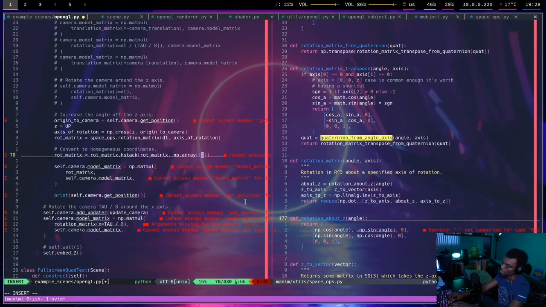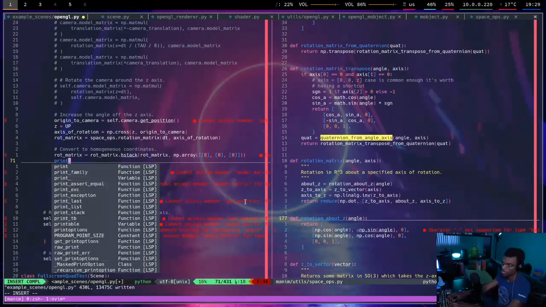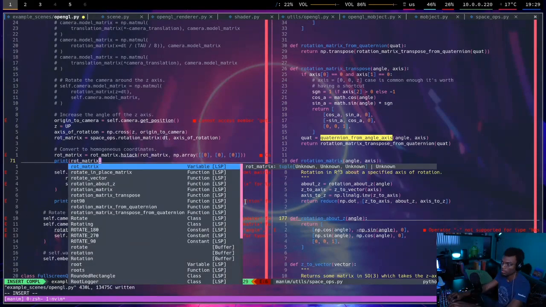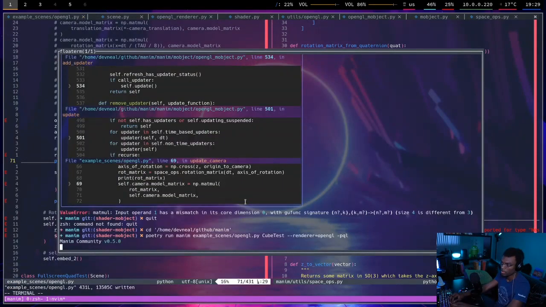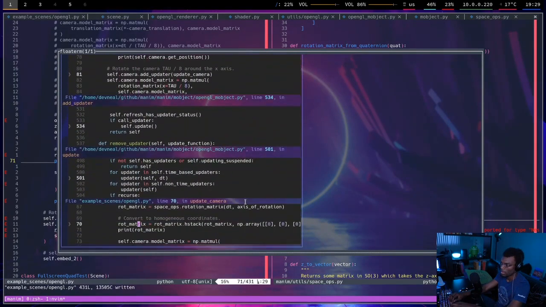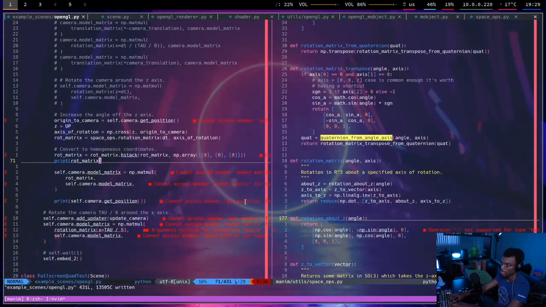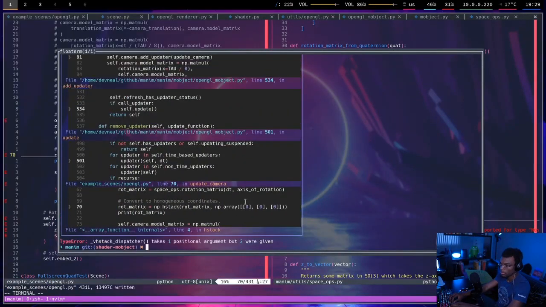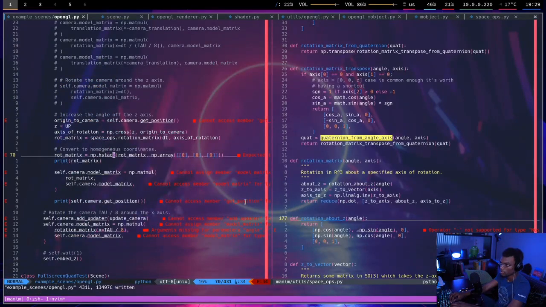So now if I print it, you should see the 0, 0, 0 on the right side. Just kidding, I see it has no attribute h stack. In np.hstack, let's try that. Takes one positional argument. Yeah, this takes a tuple.